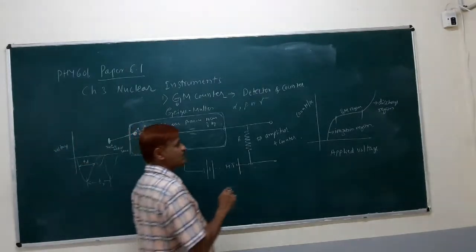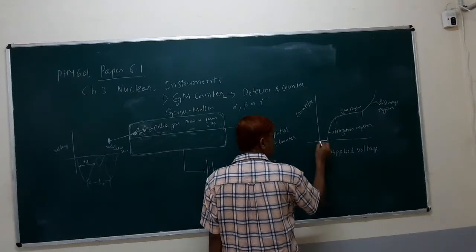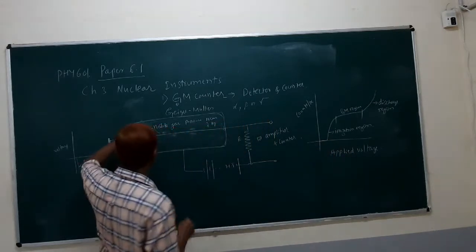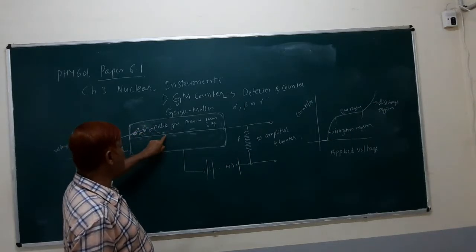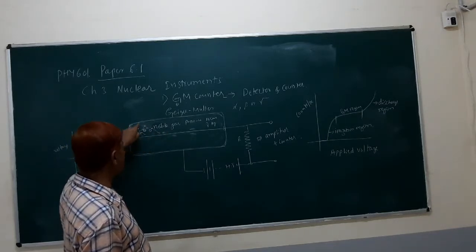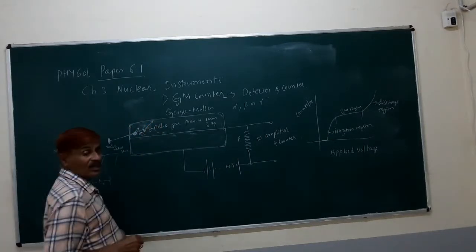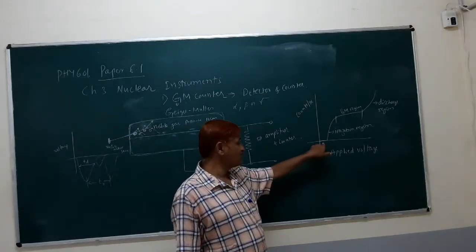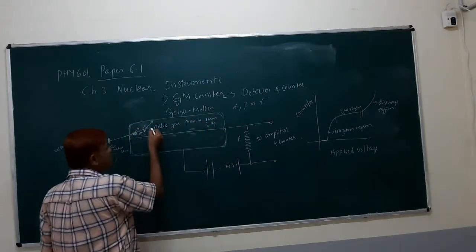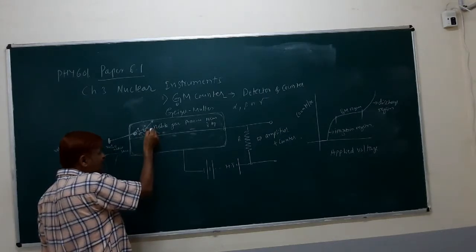Now you see this is the graph. If the applied voltage is too low to attract these electrons, the electrons are coming towards the positive and these positive ions are going towards the negative plate. If this voltage is not sufficient, then these emitted electrons will come and sit on the atom.